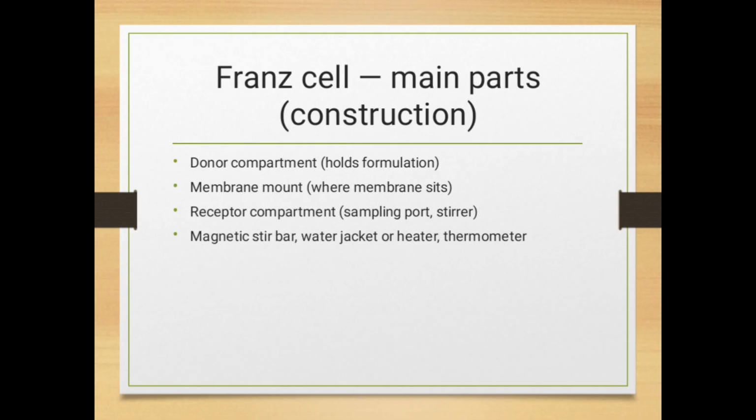Then the next one is the receptor compartment, that is it contains a buffered solvent kept at 32 degrees Celsius for skin or 37 degrees Celsius for other tissue, stirred to maintain uniform concentration, right? Also it consists of a magnetic stirrer bar, then water jacket or heater, and thermometer.